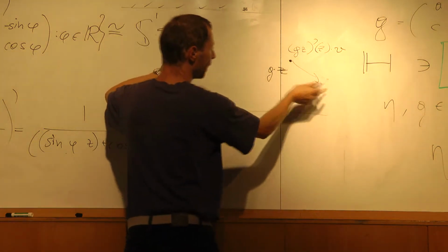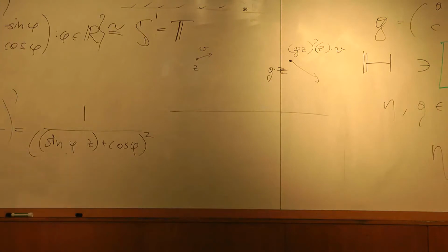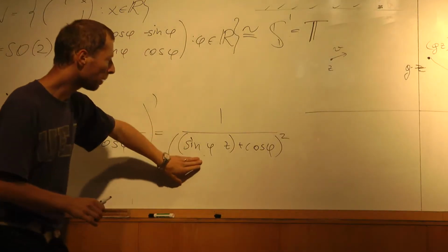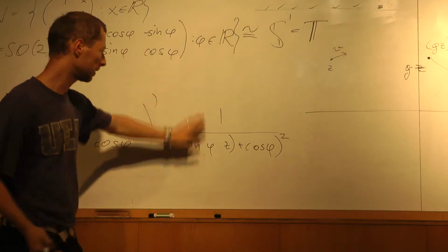And that will be some other vector of some other length in some other direction. Euclidean of some other length, but hyperbolically of the same length. And the factor you need to multiply with on the level of the tangent vector is this factor here.